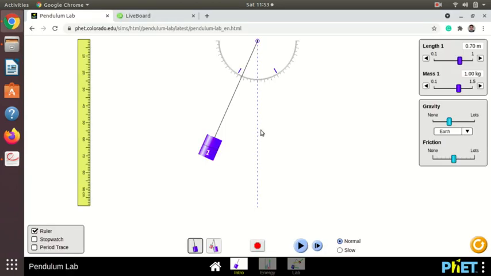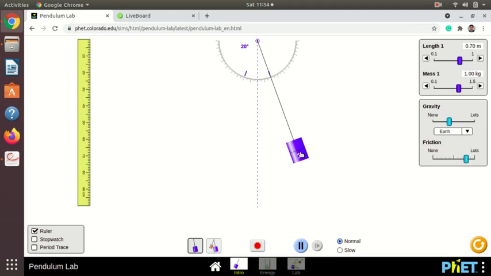I will show you quickly one reading. Keep friction here, and the length is fixed at 0.7 meter or 70 centimeter. Now I will keep the angle fixed. Let's say, just for showing, I will keep 20 degrees. You can see the initial angle, and all the big lines show 5 degrees.